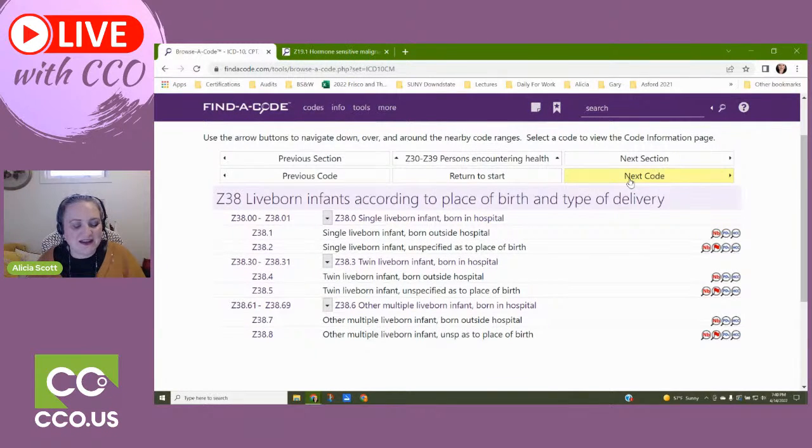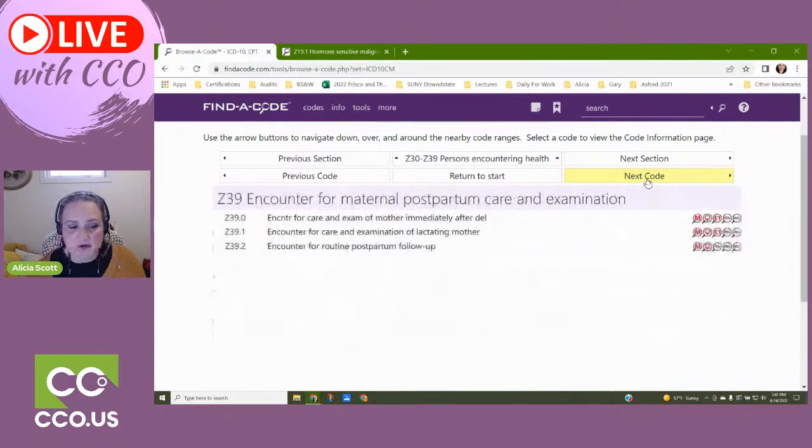So again, single live born infant born in a hospital. They talk about different places that the baby can be born, and whether the baby is live born, stillborn, etc. And then you can have multiples, and some of them survive and some of them don't. And that all is captured by these Z codes.